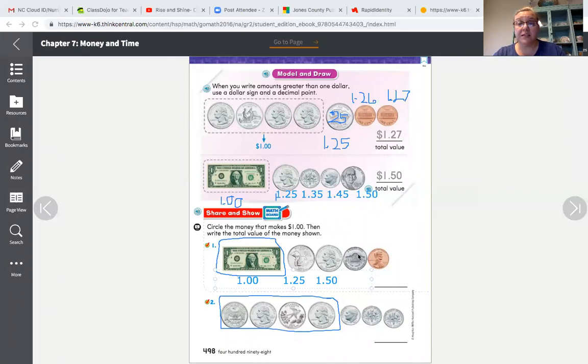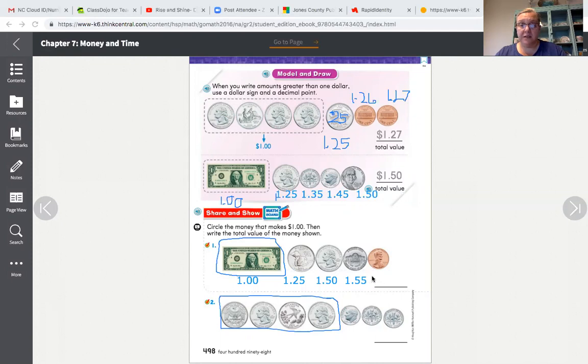Okay, so notice these two coins are different. Look at the size. This is not a quarter, it is a nickel, and a nickel is worth 5 cents. So $1.50 plus 5 cents gives me $1.55.